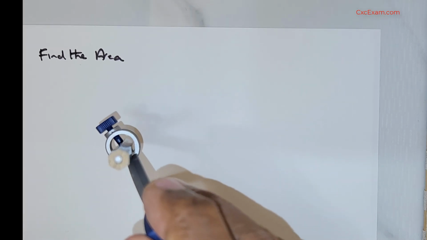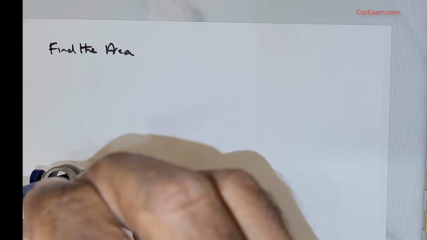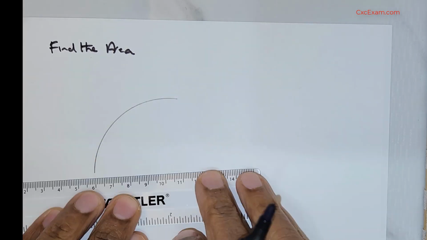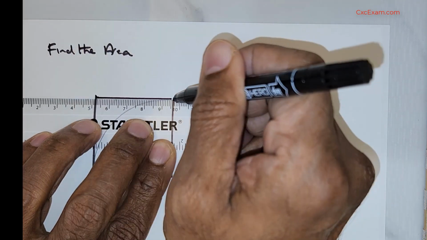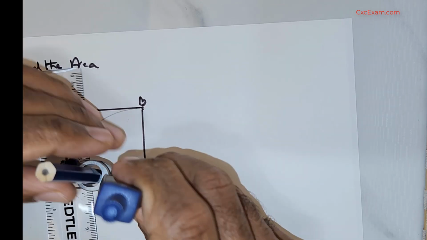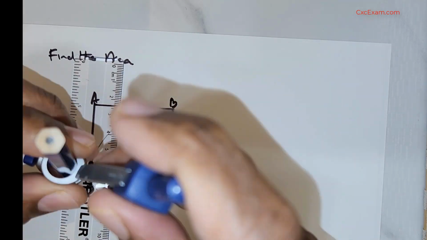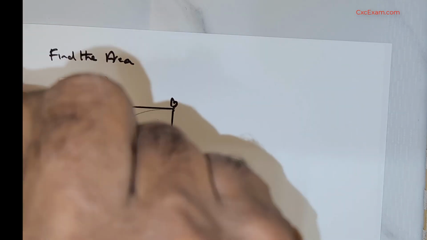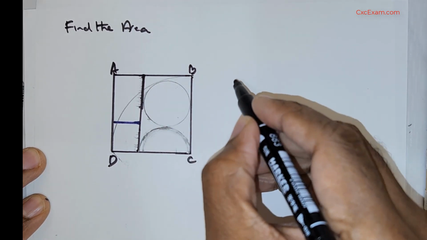So foremost, we need a quarter circle. Let me give the information.